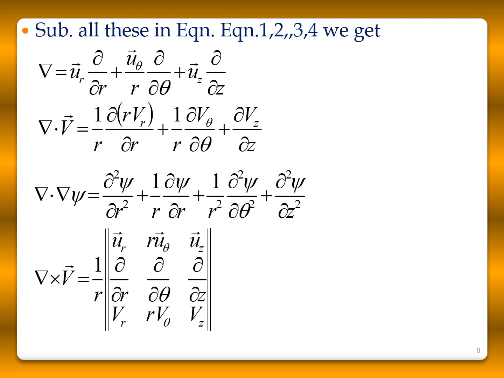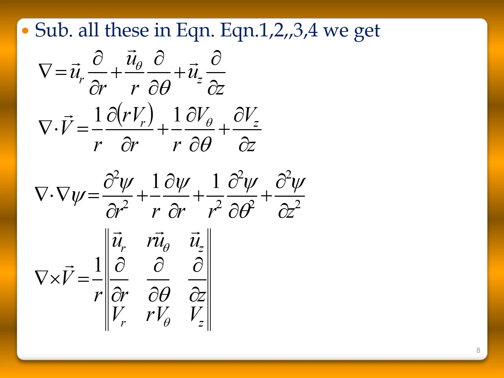Similarly, you substitute all this, and we get del is equal to U R dou by dou R plus U theta vector divided by R dou by dou theta plus U Z vector dou by dou Z. Del dot V, that is the divergence, is 1 by R dou by dou R of R V R, plus 1 by R dou V theta by dou theta, plus dou V Z by dou Z. Similarly, the Laplacian is dou squared psi by dou r squared plus 1 by r dou psi by dou r plus 1 by r squared dou squared psi by dou theta squared plus dou squared psi by dou z squared.